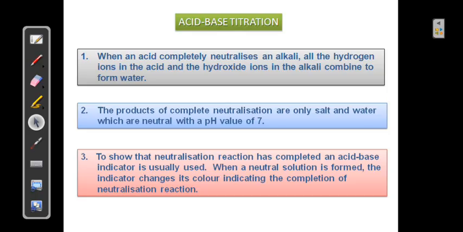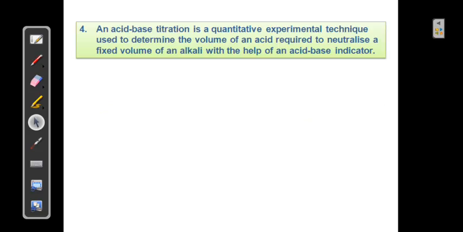Number 4, an acid-base titration is a quantitative experimental technique used to determine the volume of an acid required to neutralize a fixed volume of alkali with the help of an acid-base indicator.